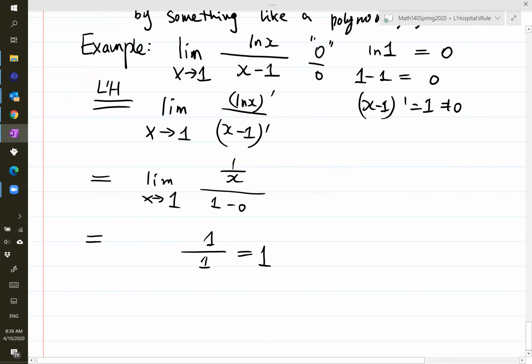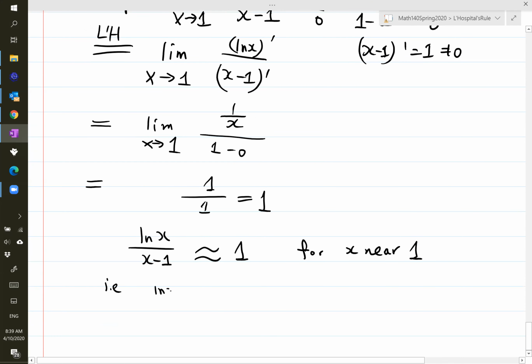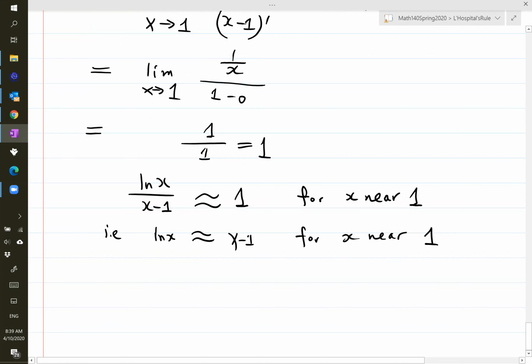If you write this as an approximation, it says ln x over x minus 1 is really close to 1 for x near 1, i.e., ln x is close to x minus 1, multiplying both sides by x minus 1, for x near 1. Now replace x by x plus 1.